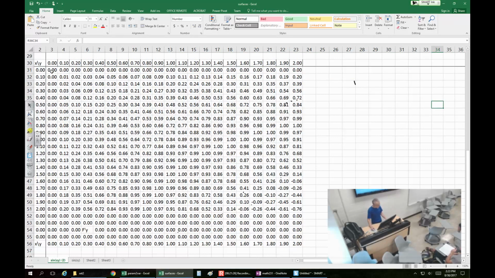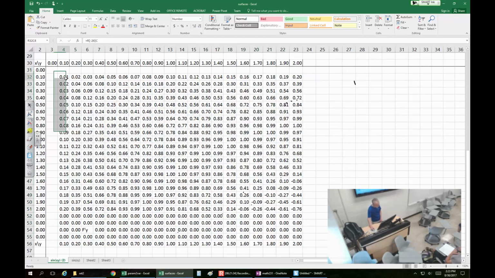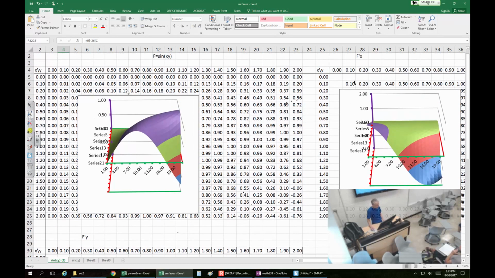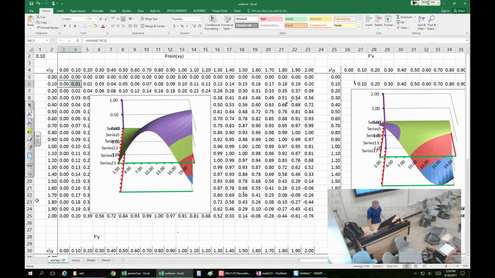This is still not what we want. I delete one row, one column as things that we cannot use, and now I'm going horizontally because the y-axis is horizontal. I will be looking at these two values. These two values will have to be subtracted and divided by h. Okay, so let's carry that out.